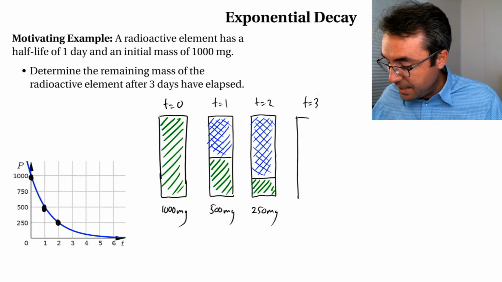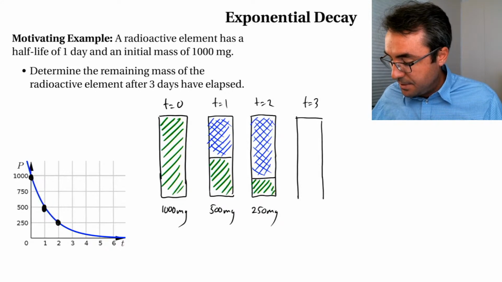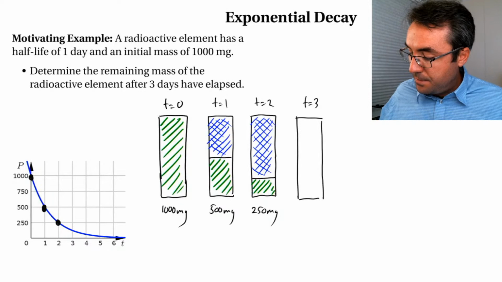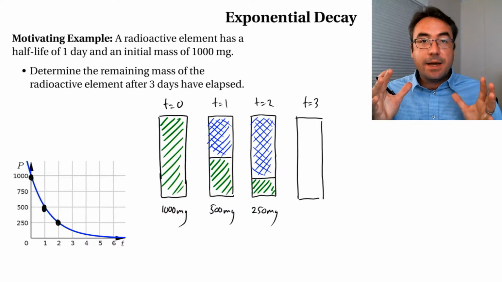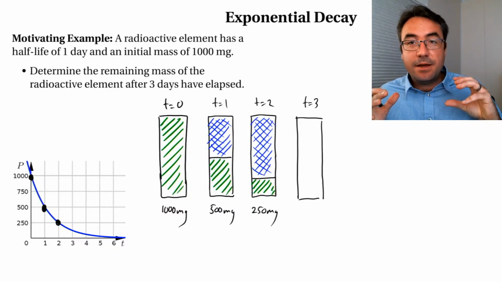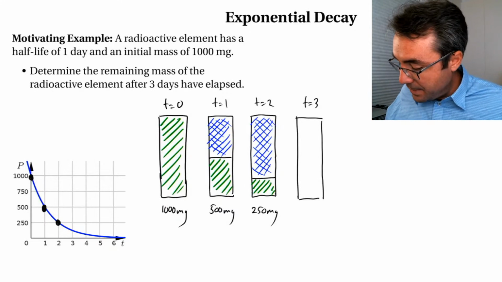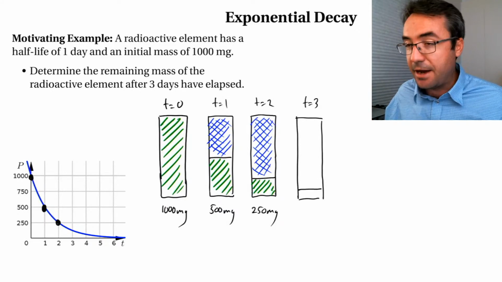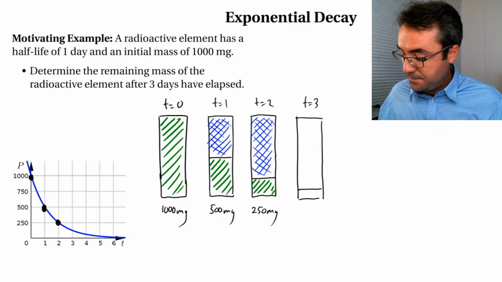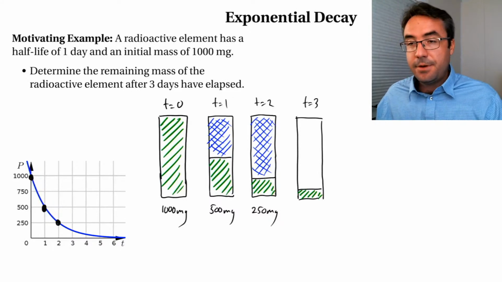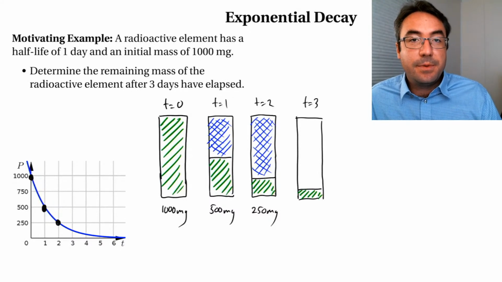So we still have our sample here sitting around. But now the radioactive element has decayed even further. And so the amount that we had from before is cut in half. So now we're down here. This is all the radioactive element that we have.